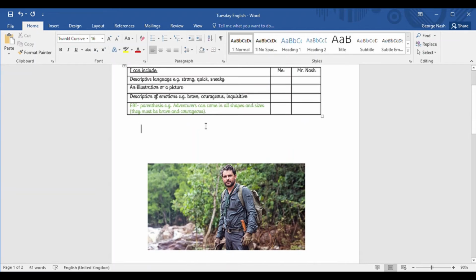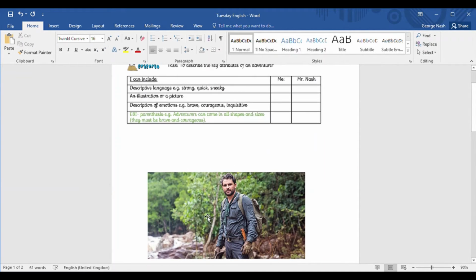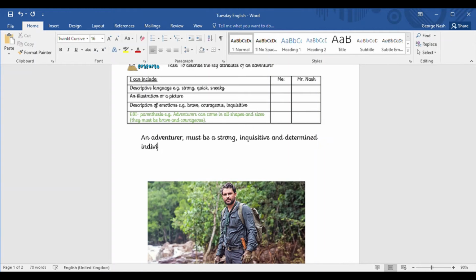So to begin with, I might describe this particular man here. So I might say, an adventurer must be a strong, inquisitive, and determined individual. Full stop. Okay, so I've used the power of three there and my commas in a list.